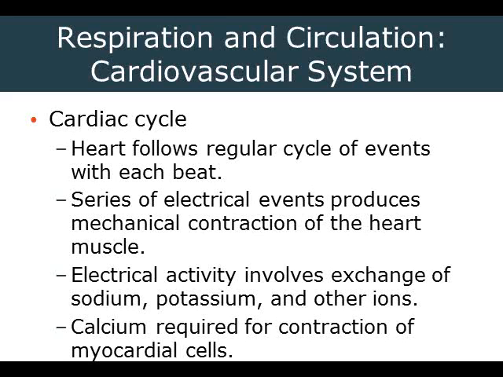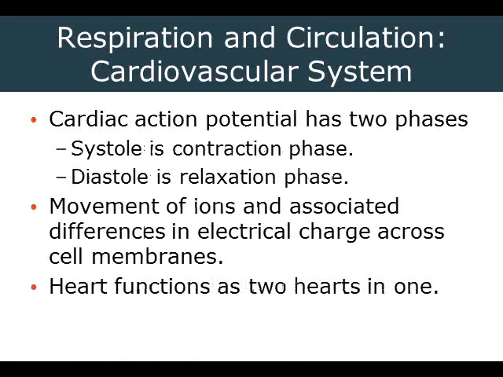So when we're concerned with the various electrolytes in a person's body, this is the reason why, because the cells don't contract if they don't have all the required components. So the cardiac action potential means the series of the electrolytes changing from one side to the other, and then creating a contraction.